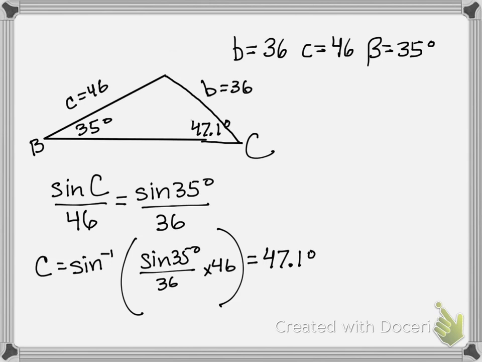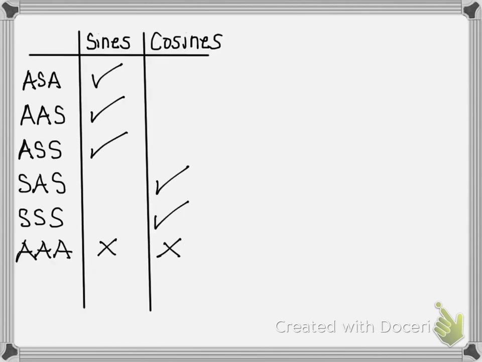And then I would be able to find angle B or angle A by the rule of 180. And I'd be able to find side A by using the law of sines. But there's something we have to pay attention to here. Let's go back to our list of triangles.